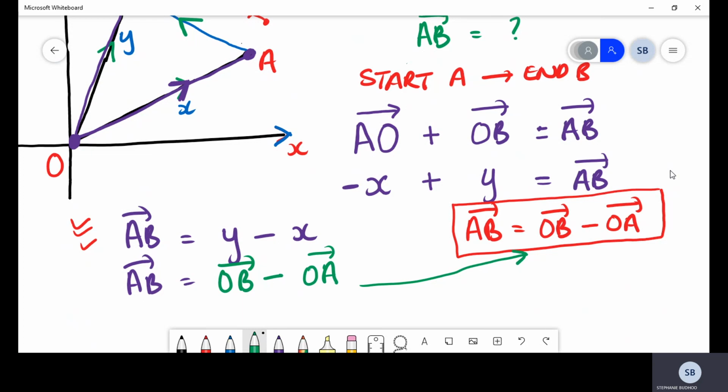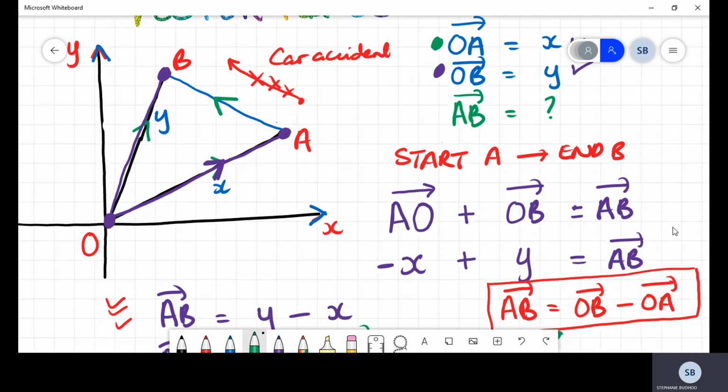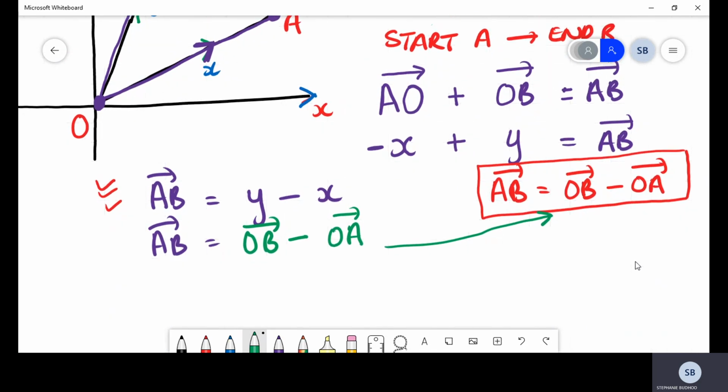It's amazing. I really like this rule because I know a lot of times students tend to break this up into OA minus OB. It's a common mistake. But if you were lost in exams and you couldn't remember the order of your rules, you can go to some clear space, draw two straight lines like these, and try to develop the rule, and you will be able to clearly identify that it's always the second letter subtract the first.